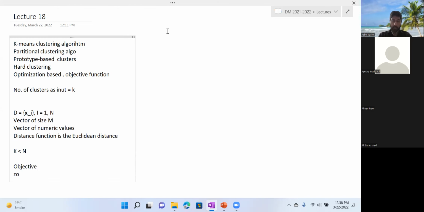So objective function, slash cost function. So let's say the cost function for the clustering is this. Sum for all objects i. Okay. So we have an indicator function, object i and cluster k.